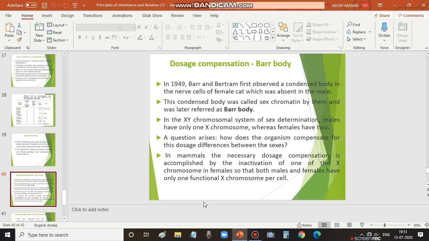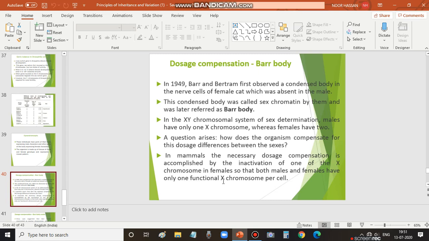One X chromosome becomes inactivated, non-functional, so both males and females have only one functional X chromosome.